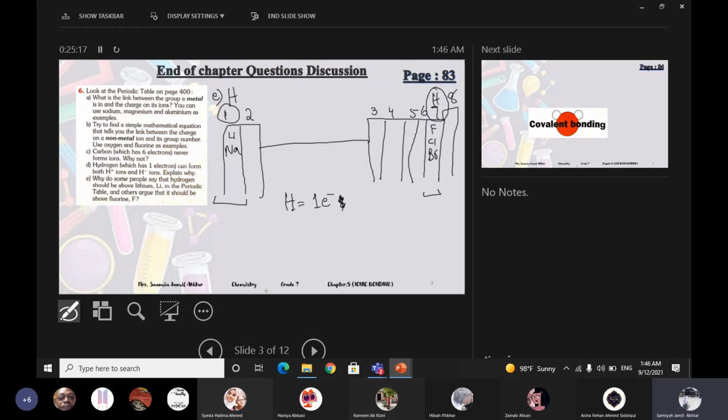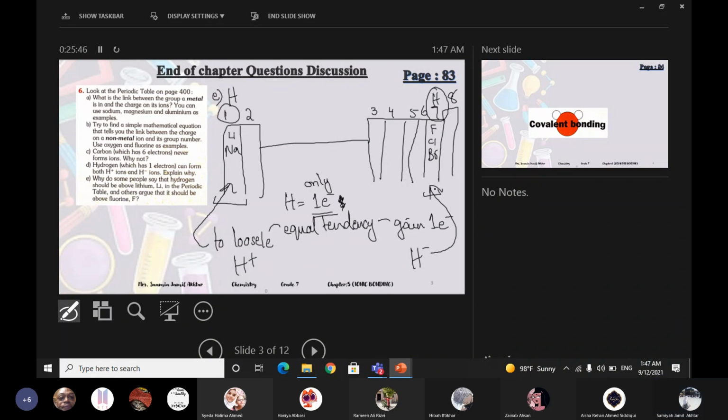Excellent. See, hydrogen has only one electron, so it has equal tendency to lose that one electron and become H positive, like group 1 metals, or it can gain one electron and become H negative, like group 7 halogens.